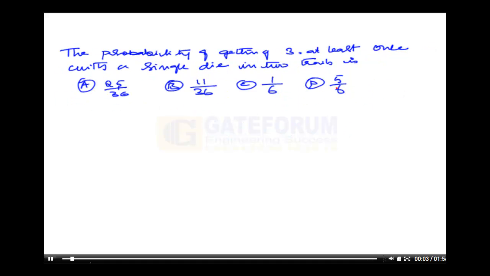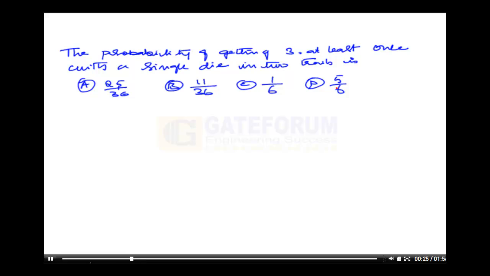We are given only one die, it has to be thrown in 2 trials. What is the probability of getting 3 at least once? Means it may be in the first trial or in the second trial or both the trials, because it is at least once.